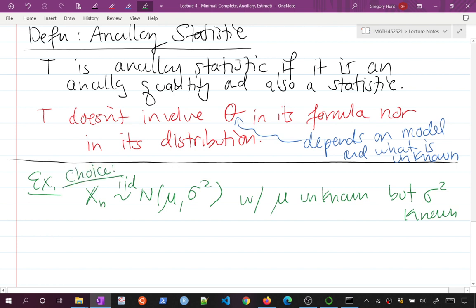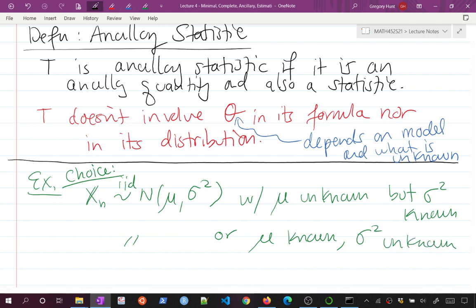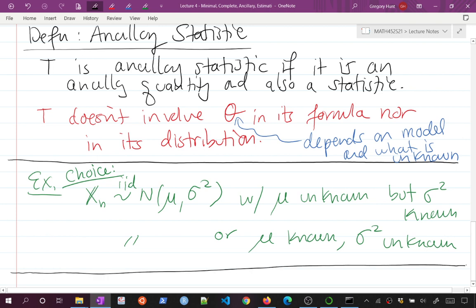But one could imagine that I have a choice. I could set up this model where mu is unknown but sigma squared is known, or where mu is known and sigma squared unknown. And this will change potentially what would be ancillary to mu or sigma squared, because I would be allowed certain things.